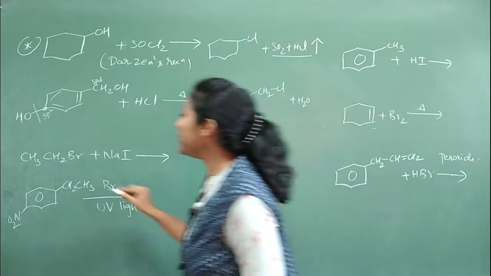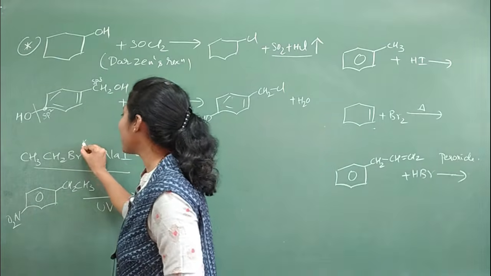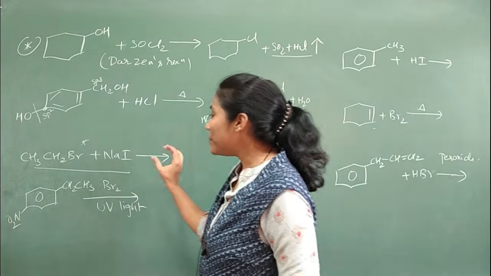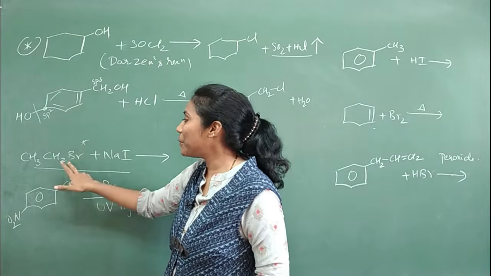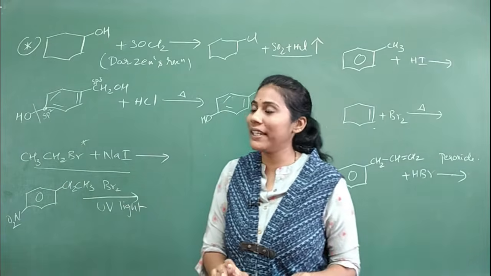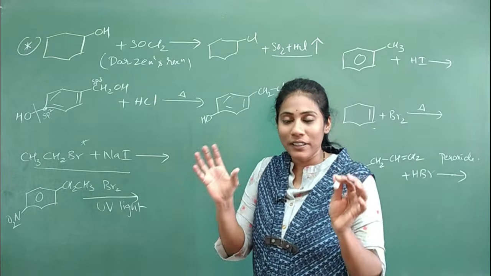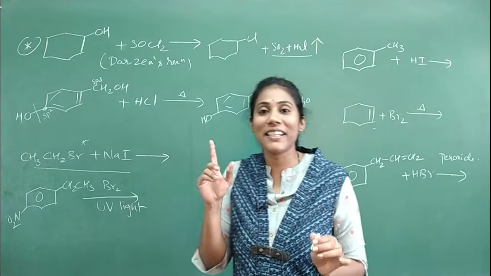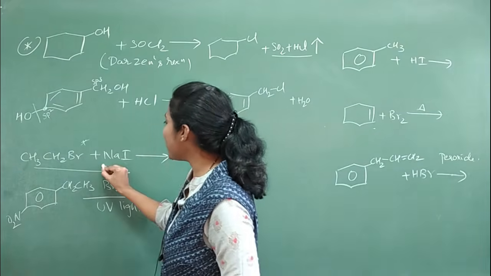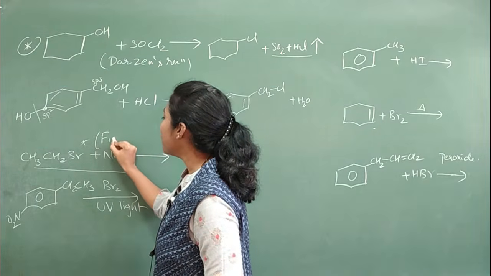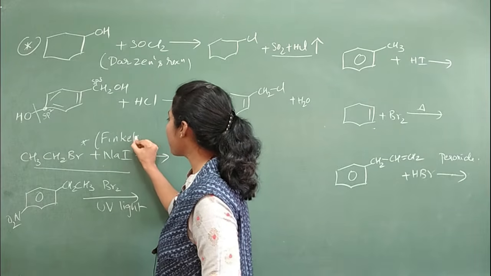Fine. And coming to this reaction, see here, the moment you use sodium iodide with alkyl bromide or alkyl chloride, then definitely what you will have to think of is the named reaction, that is the Finkelstein reaction. So this reaction is nothing but the Finkelstein reaction.